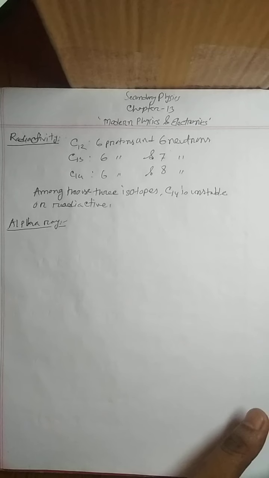A helium nucleus consists of 2 protons and 2 neutrons. So it is a charged particle, and its path of motion can be influenced by electric and magnetic fields. When the alpha particle is emitted from the nucleus, it possesses some mega electron volts of energy.